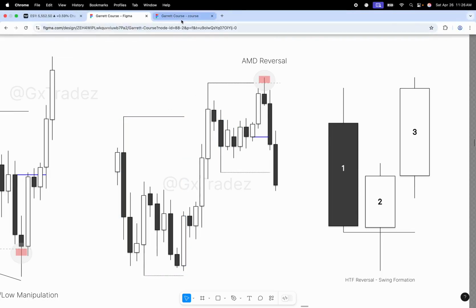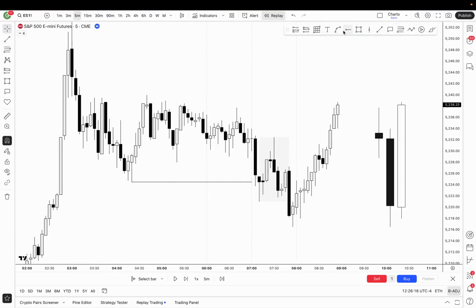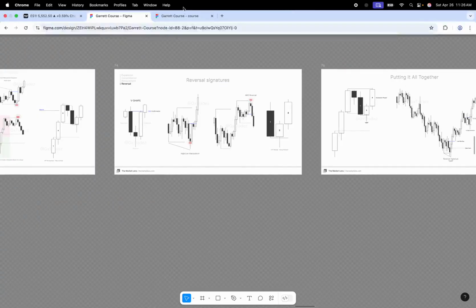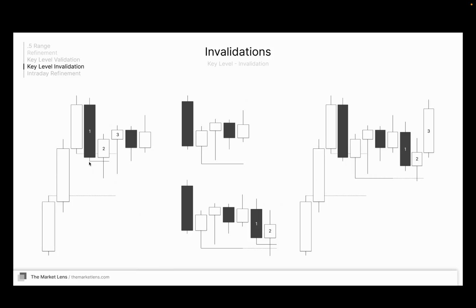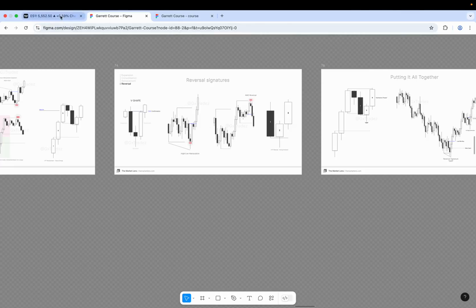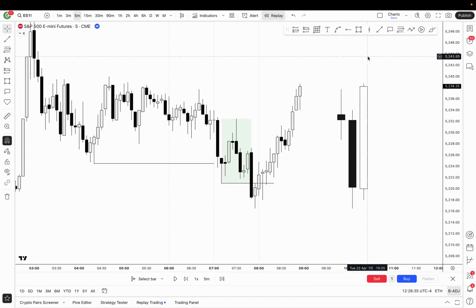We want to see a manipulation of that low, right? So it's essentially exactly this, but kind of fractally. It's the same thing, right? Because when we hit a key level, we didn't reverse, so that becomes the reversal point. Exactly like this, right here. Right, so now we need to manipulate this low and then form that CSD, right?